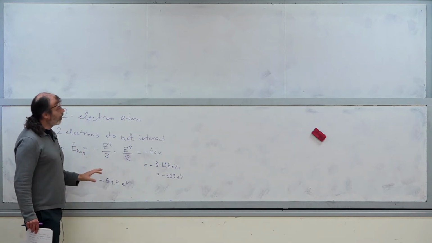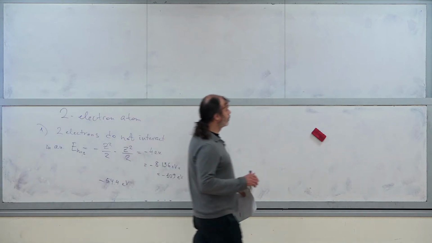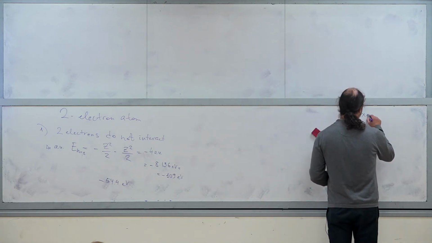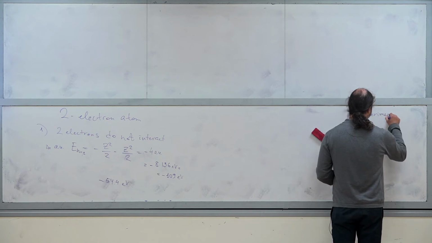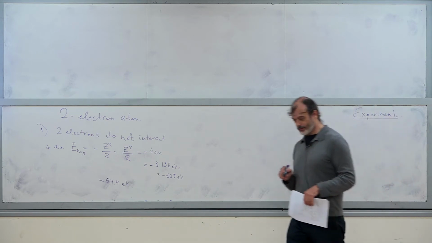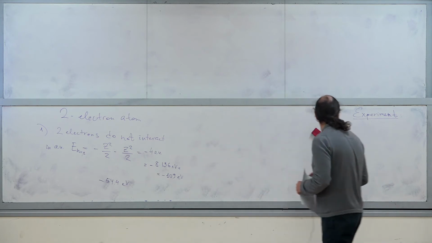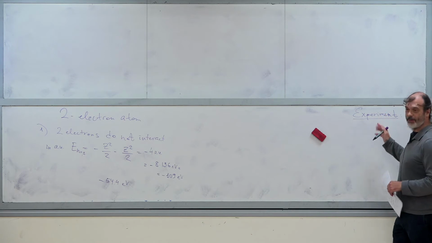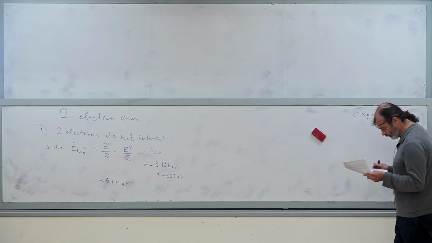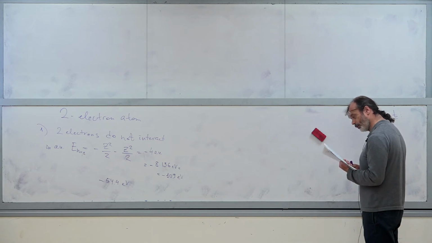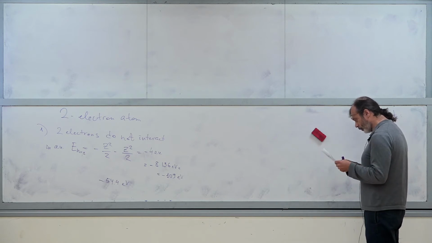Now we know experimentally that this is not true. So this is the experiment. Our guiding line in this story is the experimental value. What was the experimental value, the true value?